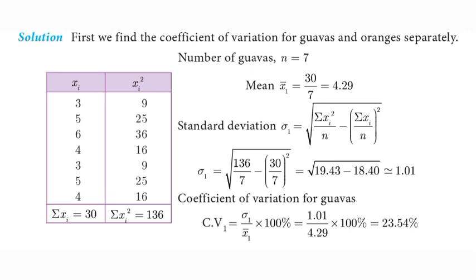Now substitute the values of summation x and summation x square. Therefore standard deviation sigma 1 equals root of first summation x square value 136 divided by n value 7, minus summation x value 30 divided by n value 7, the whole square.